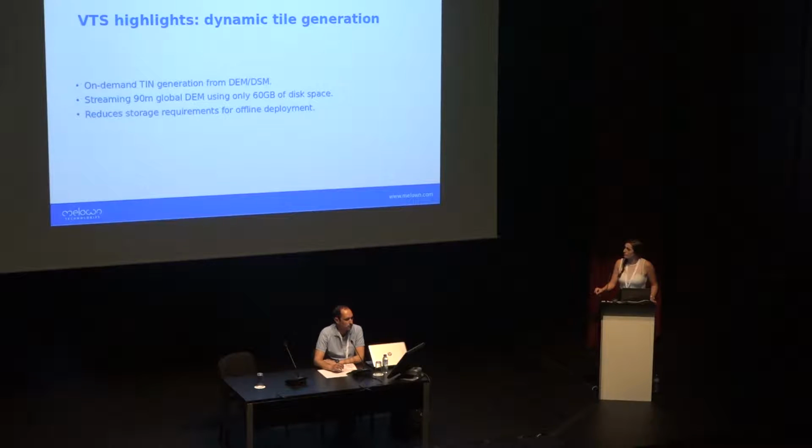It also works for vectors and rasters. We actually streamed a 90-meter global DEM using only 60 gigabytes of disk space, which is pretty low, and it reduced storage requirements for offline deployment, because we do not need to pre-generate any tiles.